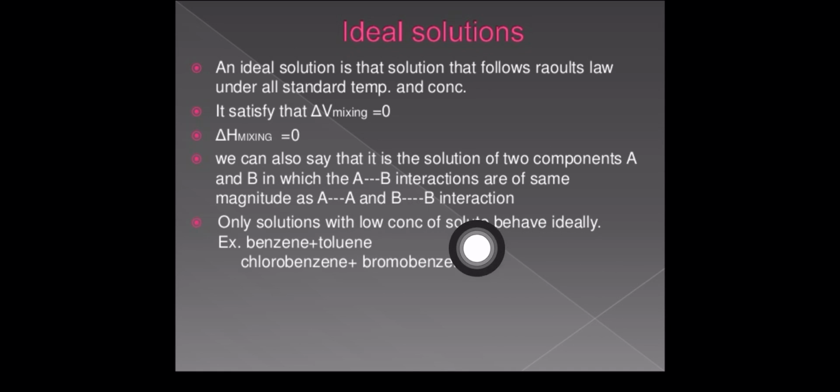We can say it is an ideal solution when the attractions between AA, AB and BB are equal to each other. Also, in this, the concentration of solute is low and it behaves as an ideal solution. For example, benzene and toluene, chlorobenzene and bromobenzene.